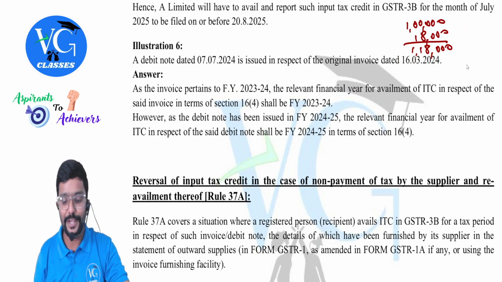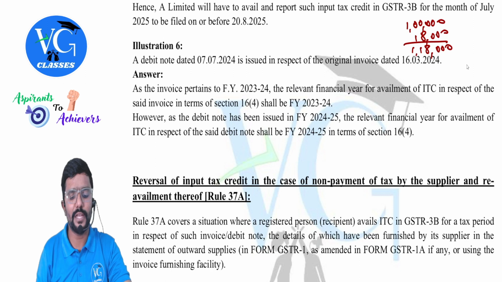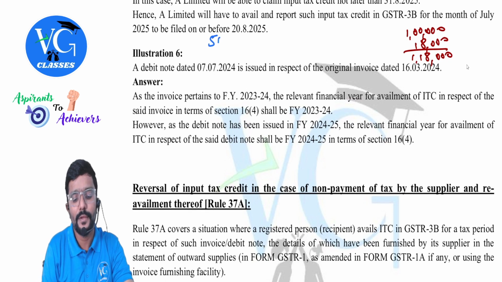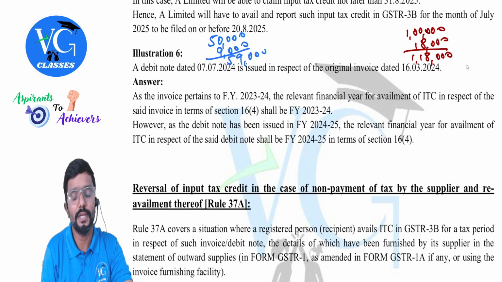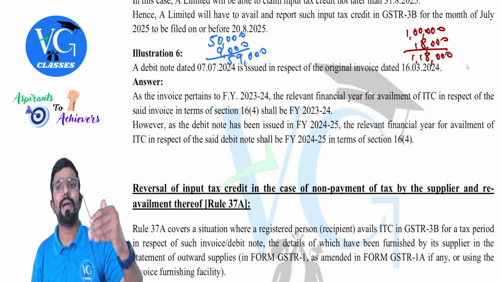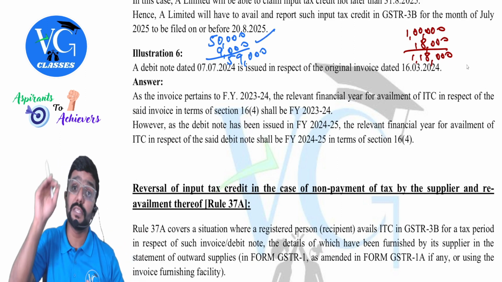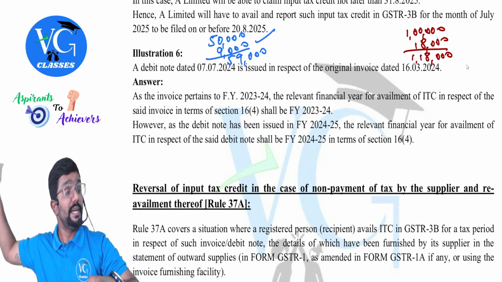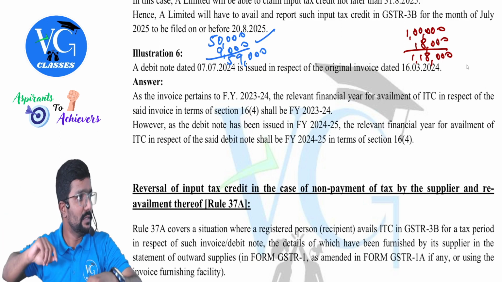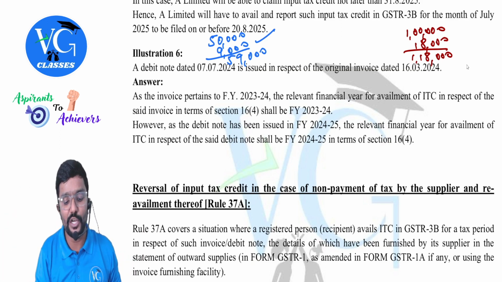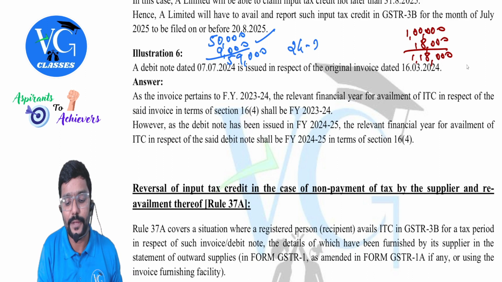Now, sir, what about debit note? Assume debit note is issued for another 50,000 extra. 50,000 plus 9,000. So total comes to how much, people? 59,000. Sir, what is the maximum deadline to claim the credit for this 9,000? Guys, debit note was issued in which year? 24-25.